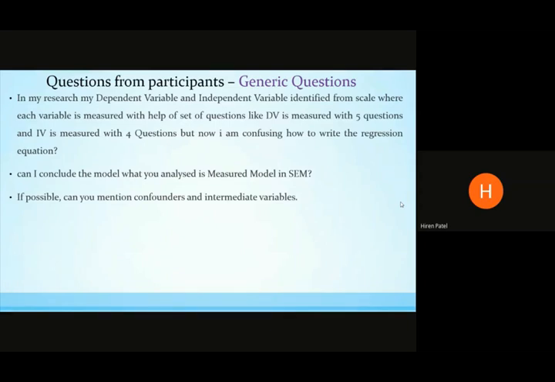Now, as far as intermediate variables are concerned, they are generally not much useful in multiple regression. However, they are more powerful when we run structural equation modeling, CV, or structural equation modeling, PLS. So these are not something we need to be much worried about at present.